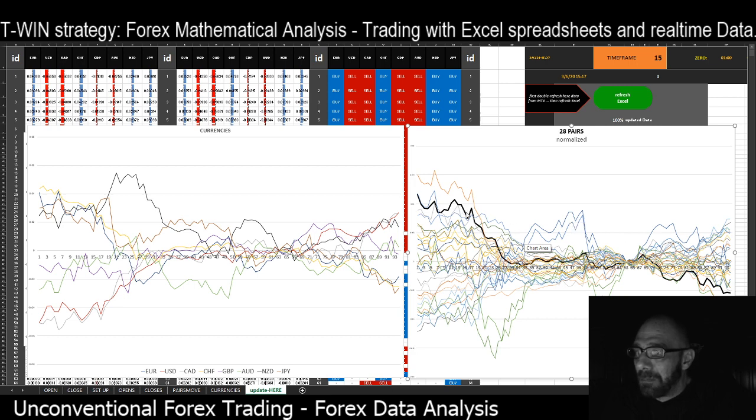The black line that you see here is basically the euro dollar. Let's see if you can see that. Okay, so this is also the behavior of euro dollar. Markets started here, so here is the open of the day, and so we have the development of all the currencies.